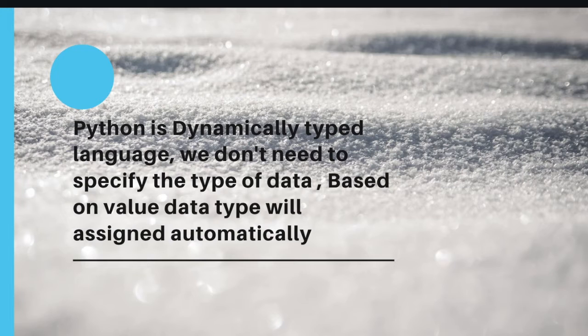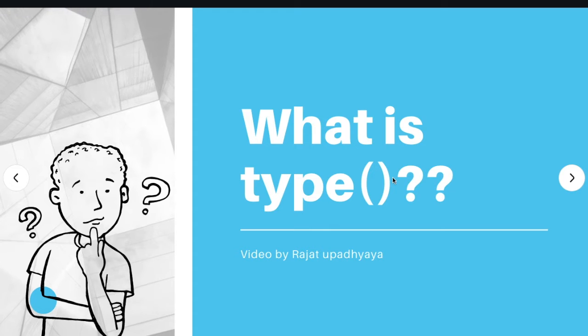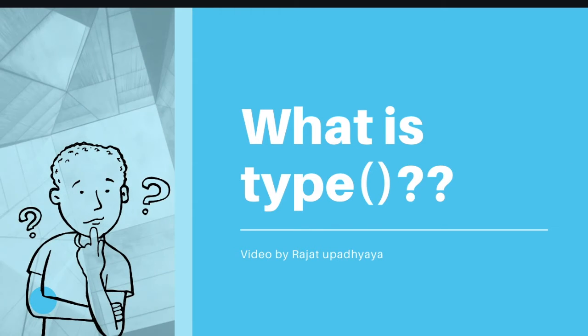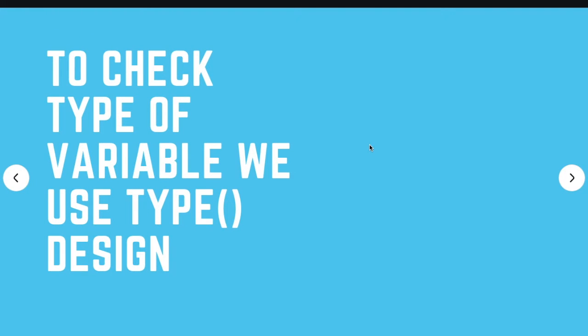Suppose we are writing a equal to 1. So 1 is an integer, and if we check the data type of that variable, it will be integer. Before that, we will learn about the type function. What is the type function? I will use this type function to check the data type of any variable.